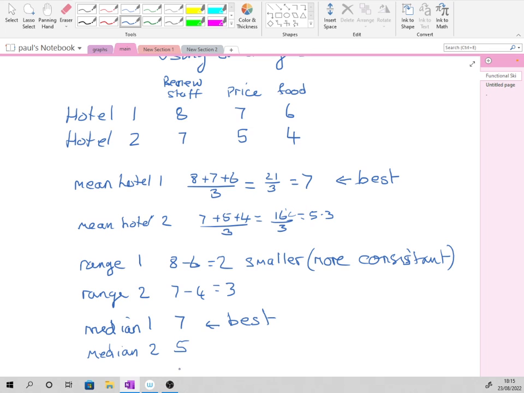Here the mean of hotel 2 is 5.3 and the median of hotel 2 is 5. So if you wanted to create the best possible statistic for Hotel 2, you would use 5.3. You think, oh, that looks good. 5.3 does seem better than 5, but it's a completely different way of working it out. Yeah, so that's the sort of thing there.